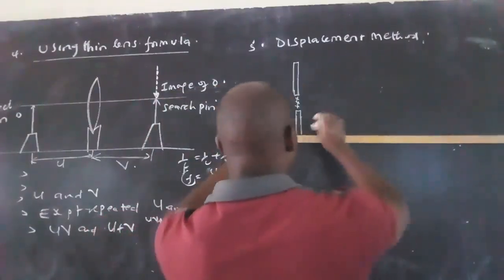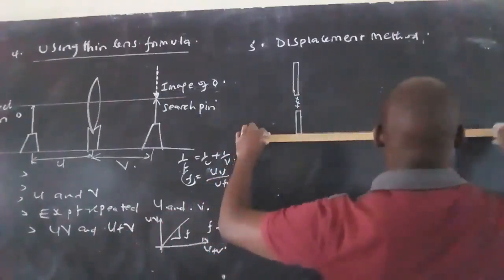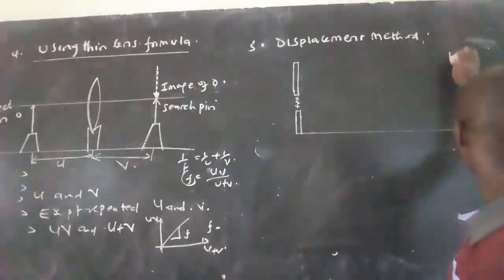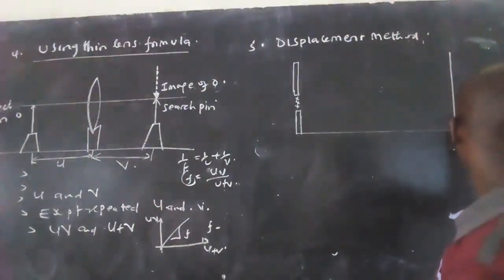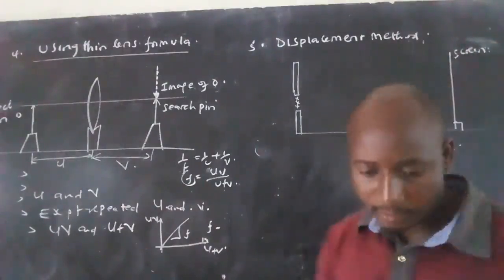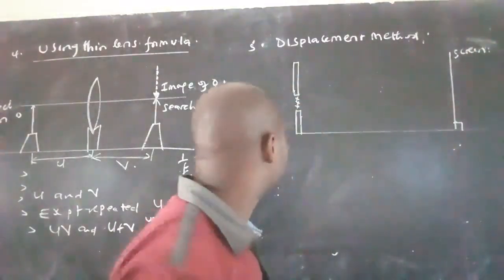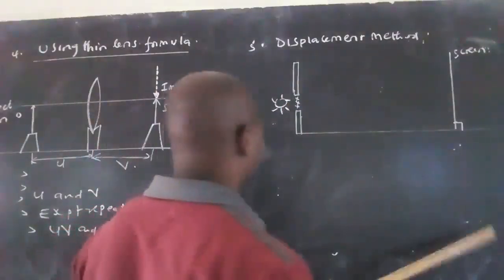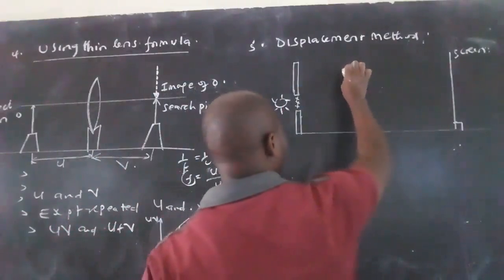Then we put a table here, then you have the screen here. Then we have the lens here.